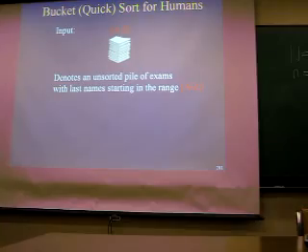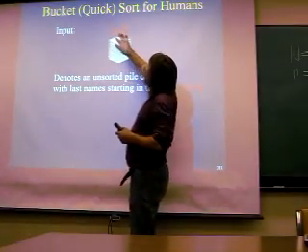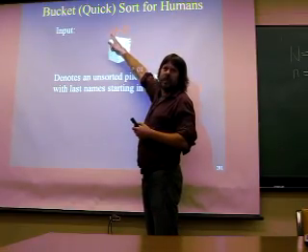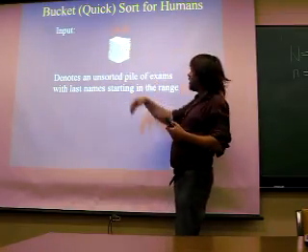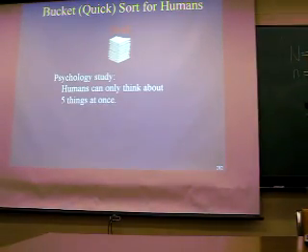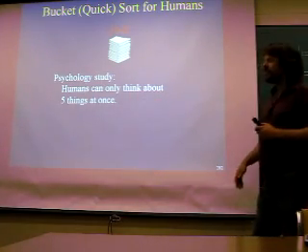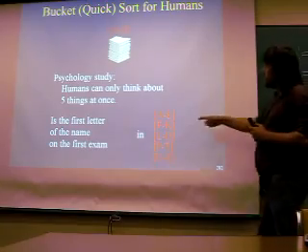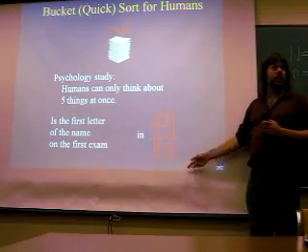All right, so here's your input. This means that these exams are in an arbitrary order, and they start with letters from A to Z, right? Basically, it's all your exams. One thing that I've heard is true is that you can think about 5 things at a time. Some people argue it's 7, but whatever. So I'm going to take these exams, look at the first letter of the last name, and throw each into one of 5 buckets based on what the letter is.